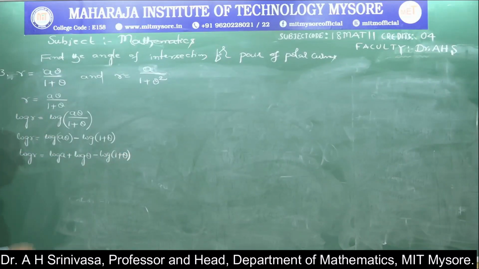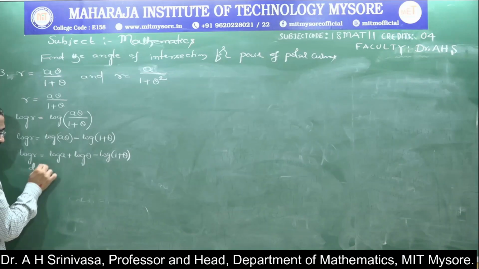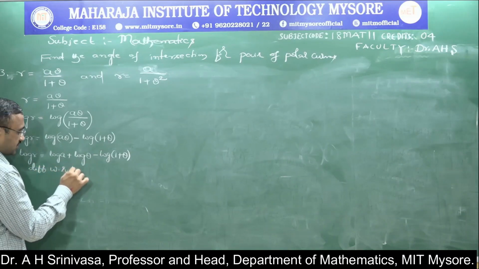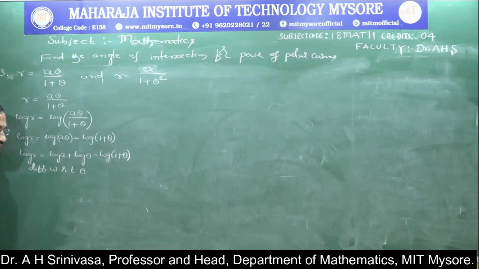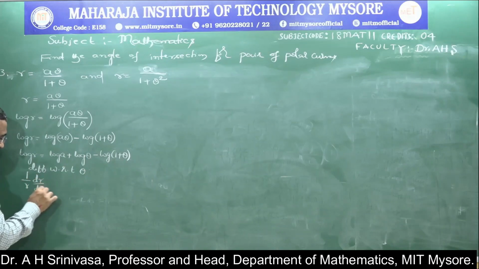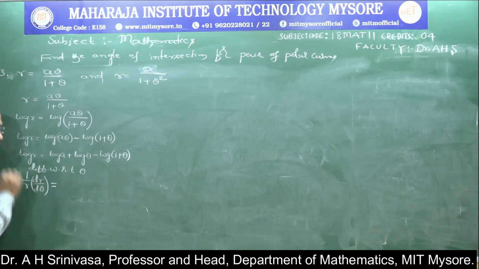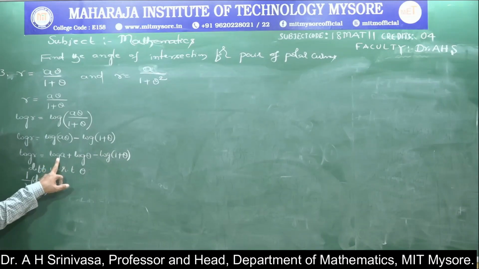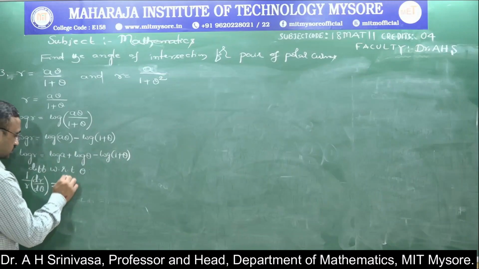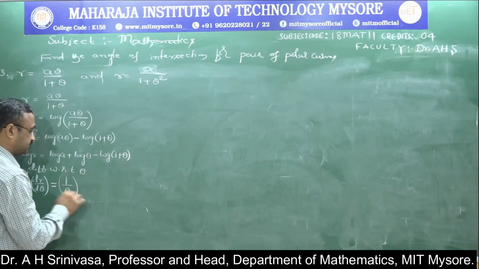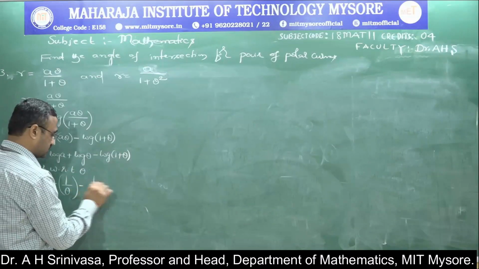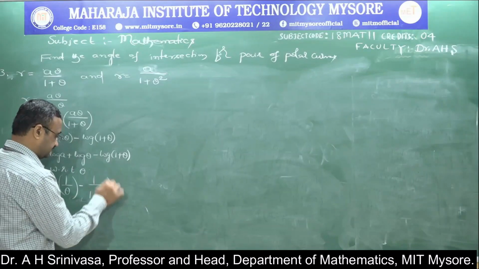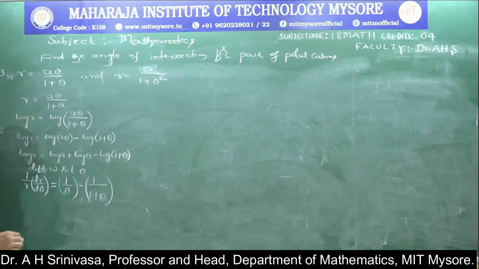Now we have to differentiate this one with respect to theta. It's clear? It is 1 by r, dr by d theta, should be equal to the differentiation of log a, which becomes 0. This becomes 1 by theta, minus the differentiation of this, 1 by 1 plus theta. Make a simplification.